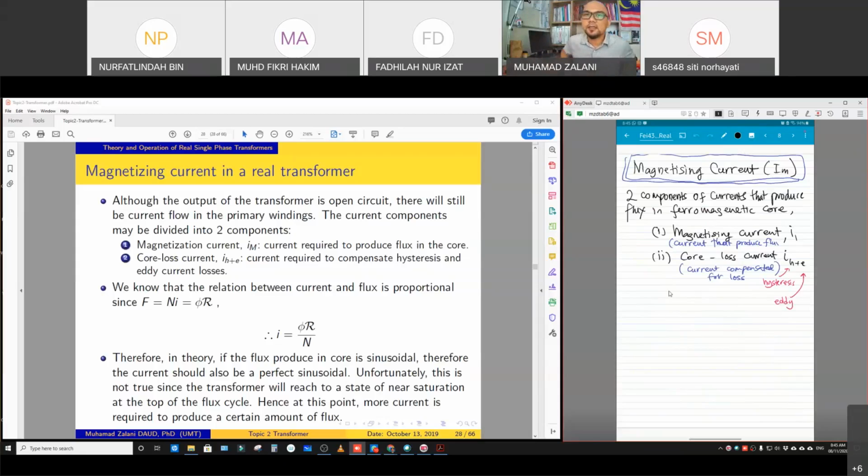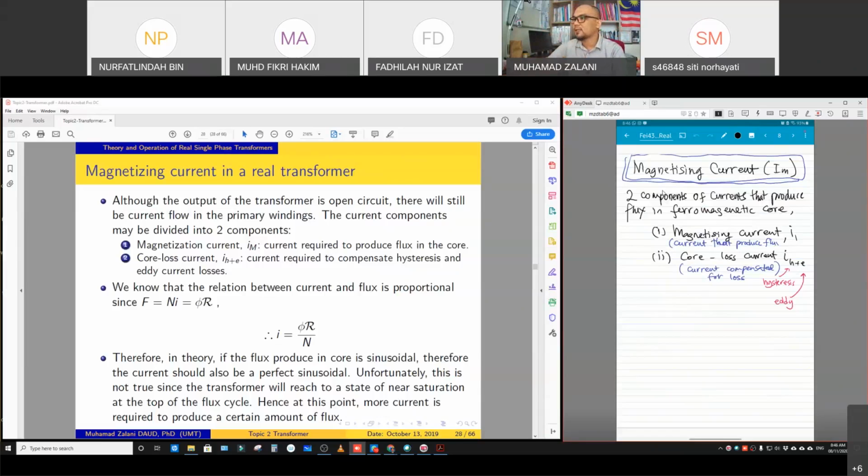So we are going to discuss now the magnetizing current in the real transformer. The magnetizing current, we use the symbol Im, which refers to the magnetizing current. It is the current that we supply to the primary windings of the transformer that will cause the induced voltage at the primary side. This is the majority of the current supplied by the voltage Vp.